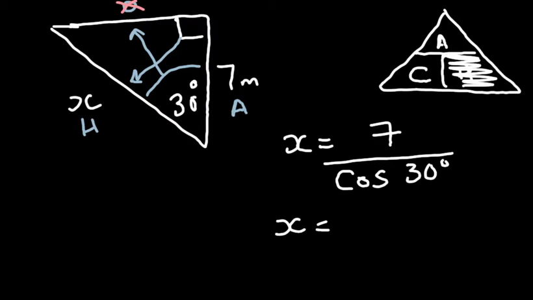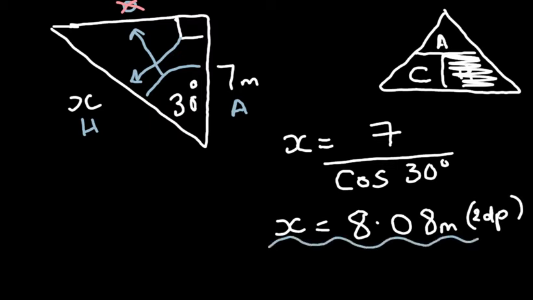I get 8.08 meters. Always remember units, and that's to 2 decimal places. So we're just going to do one more like this, and then I'll show you how to find the angle.